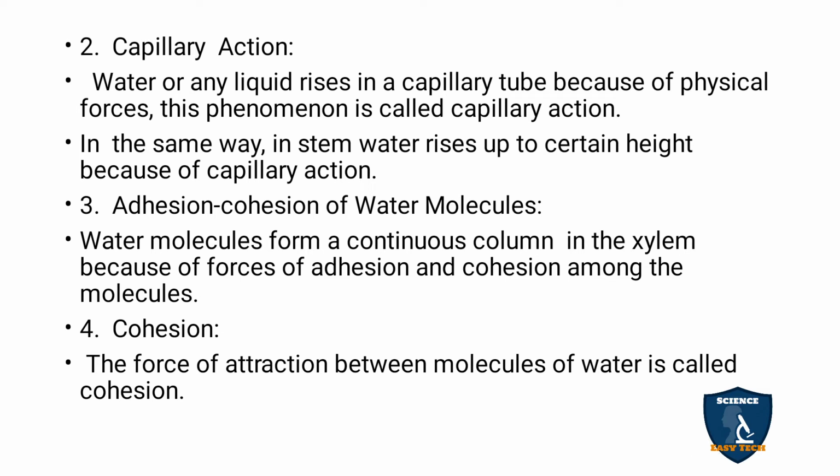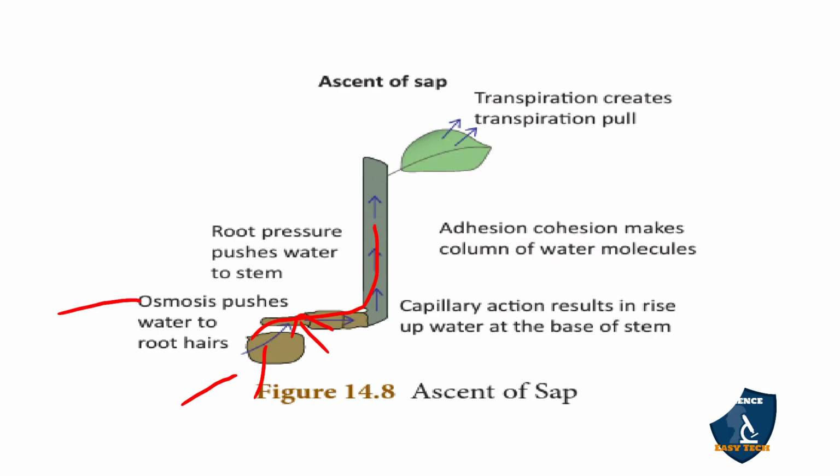Next, capillary action. Water or any liquid rises in a capillary tube because of a physical force. This phenomenon is known as capillary action. You can see the capillary action here: from the base, water is pushed inside the tube. That is the uptake of water through a capillary tube, and it is called capillary action.